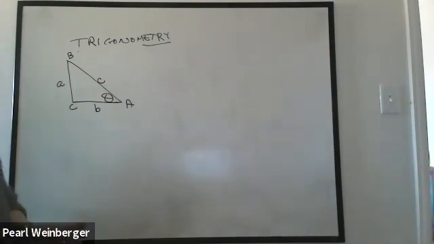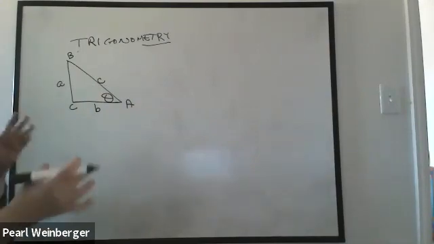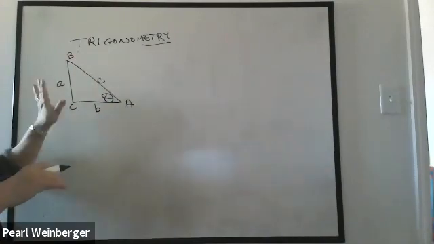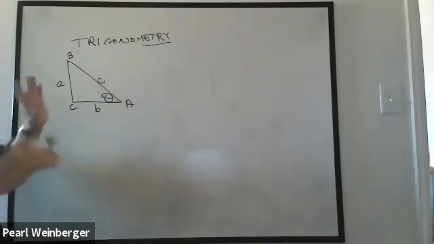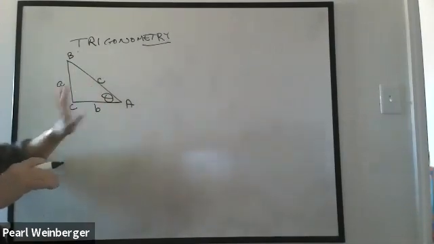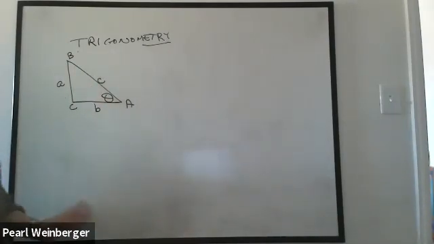It doesn't matter which you call it, and you'll see it done both ways. Most of the time, I will use regular capital letters. But on a test, you might see this Greek letter instead of A's, B's, and C's. It means the same thing. It's just a different name for the same angle.